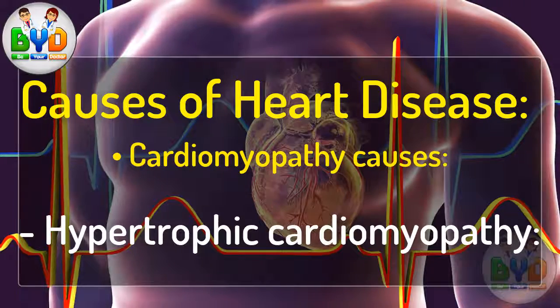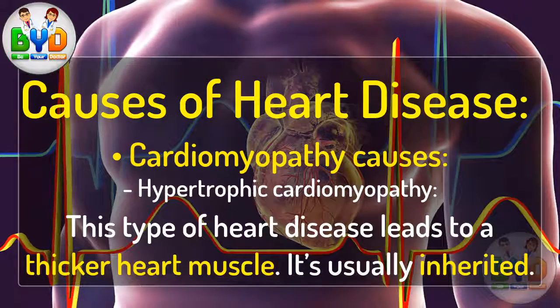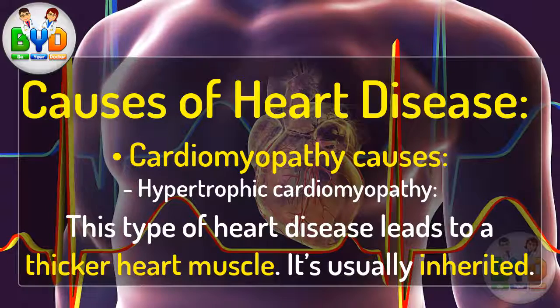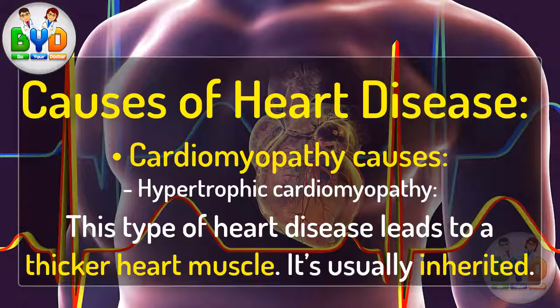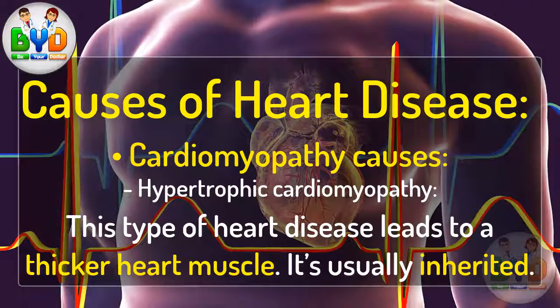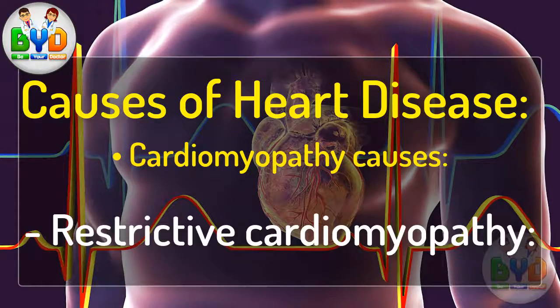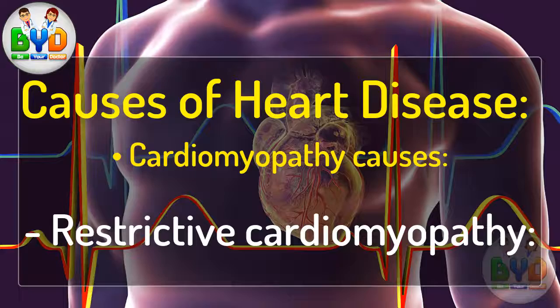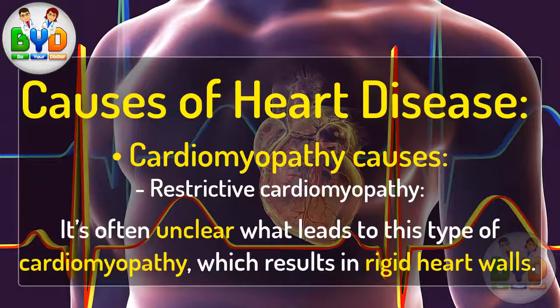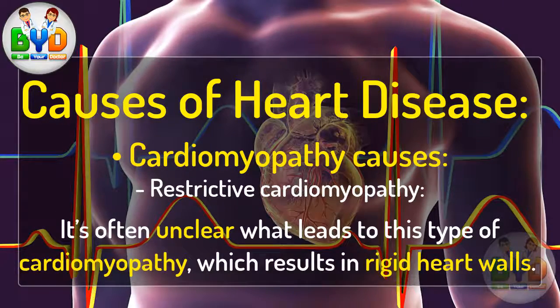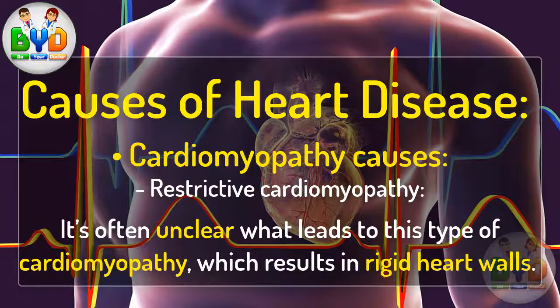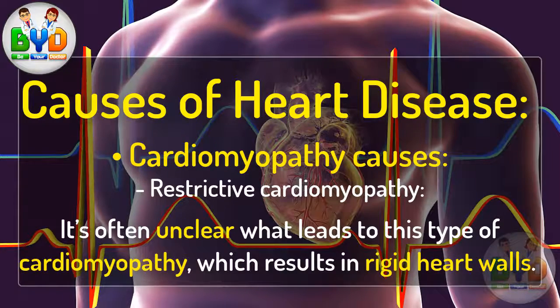Hypertrophic cardiomyopathy. This type of heart disease leads to a thicker heart muscle. It's usually inherited. Restrictive cardiomyopathy. It's often unclear what leads to this type of cardiomyopathy, which results in rigid heart walls.